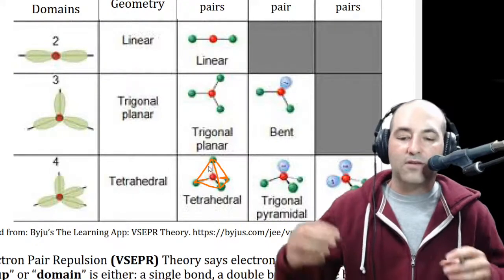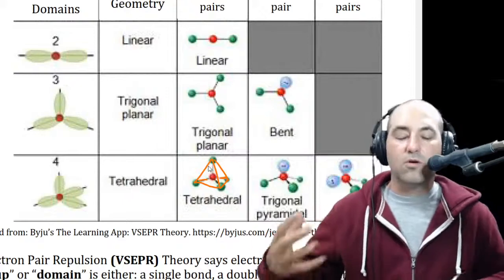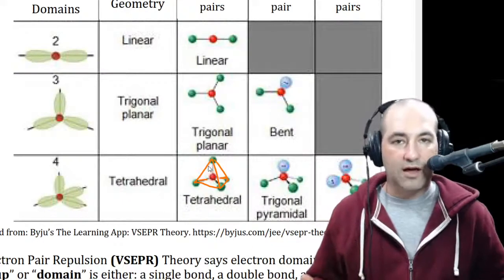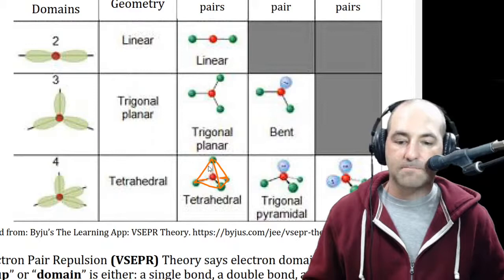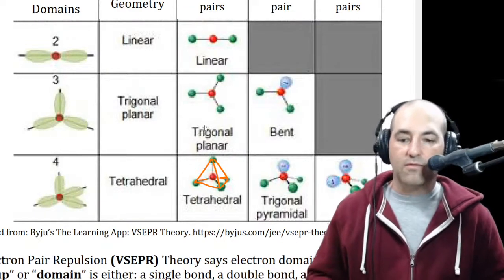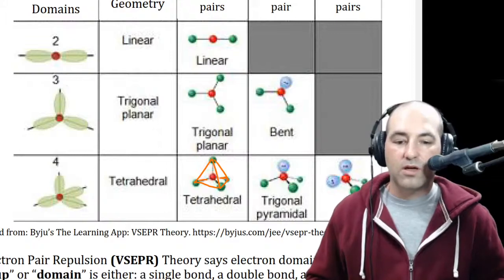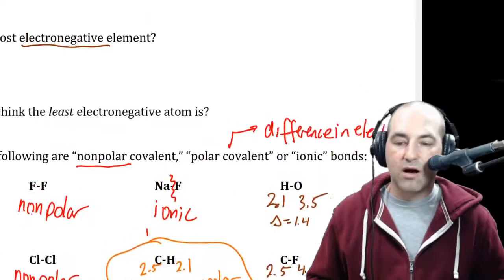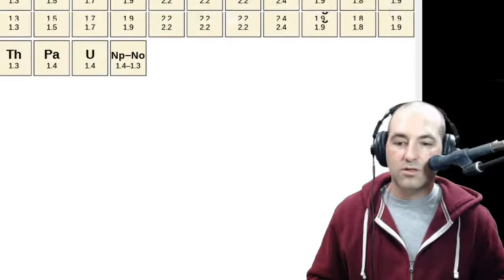If the 4 groups go to the corners of the tetrahedron, that's how they can be spaced out the most. So those are the general shapes for those types of combinations. Like we can use that and go back up to our Lewis structures here. I have to zoom out to see this a little bit, I think.